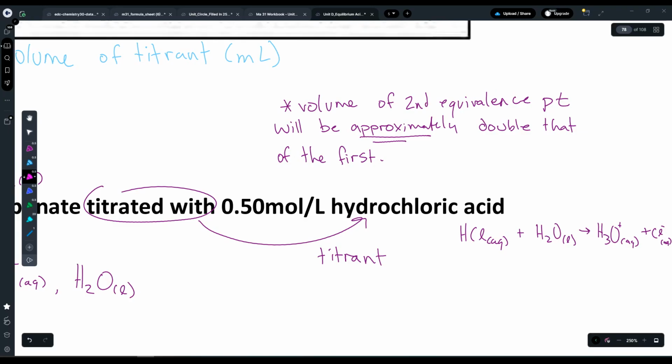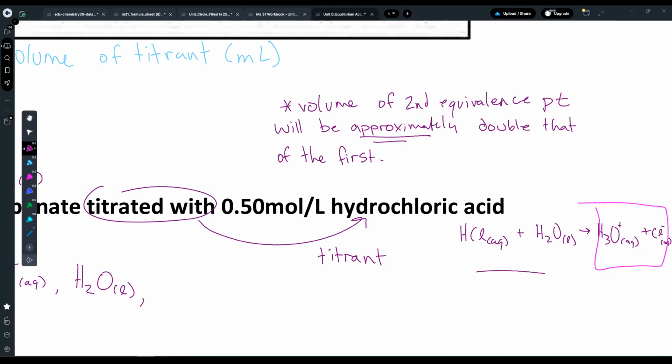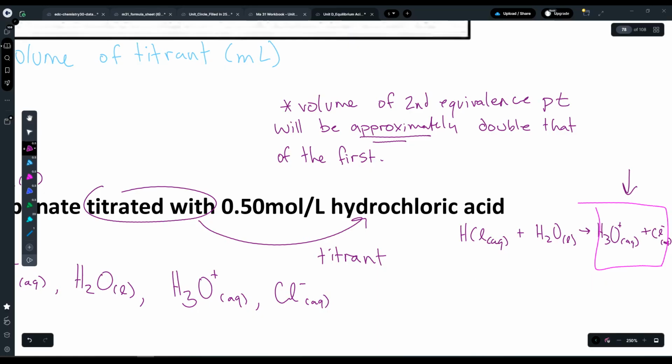What I have for my products over here is what I put in my species list, because this is a very fast reaction. So I'm going to say hydronium and chloride ions. You know to do this when you have a strong acid here.